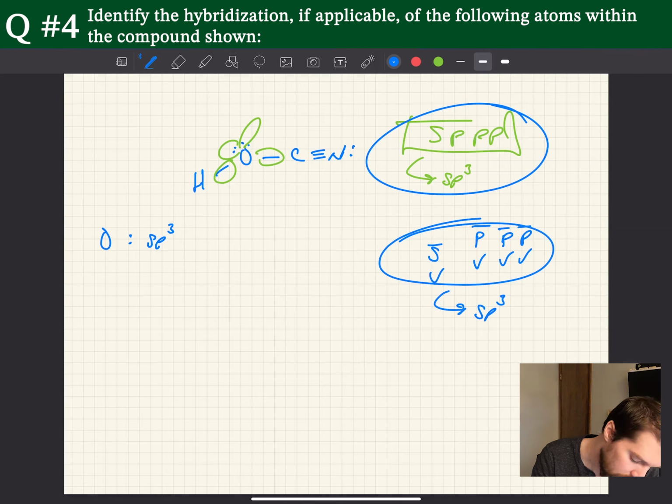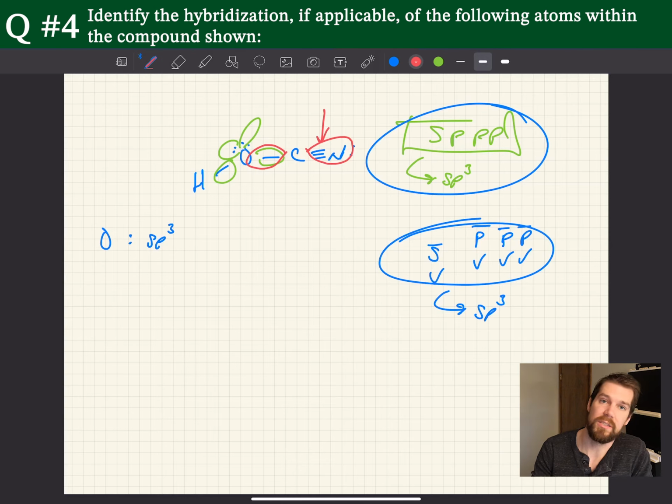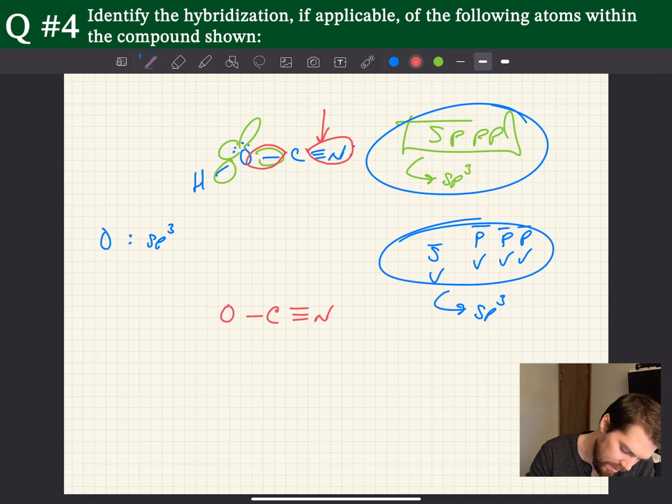The next one, carbon. Carbon has 2 regions of electron density. All 3 of those bonds are in the same region of electron density. If I pull this carbon out, the first bond that forms is a sigma bond. The next two bonds that form are pi bonds.